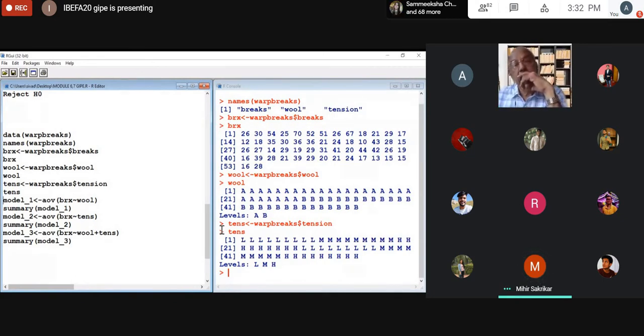Correct. And the data is the actual breaking strength. Each breaking strength depends on the type of wool and the tension of the wool, just like 3 workers, assembly time, along with the shift.